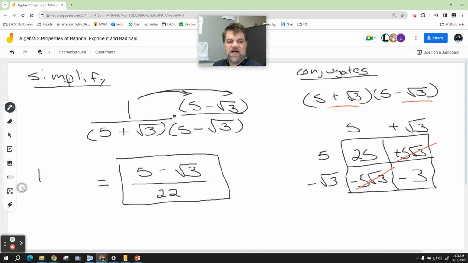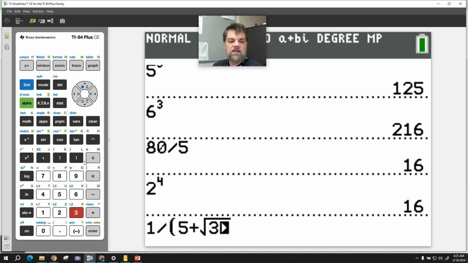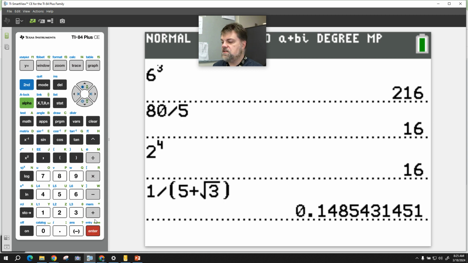And you'll say, well, I don't know if that looks simpler or simplified. It is. So now how do we verify this? Just plug it in the calculator. I'm going to say 1 divided by, in parentheses, 5 plus the square root of 3, close my parentheses. Whoops. I get this decimal.